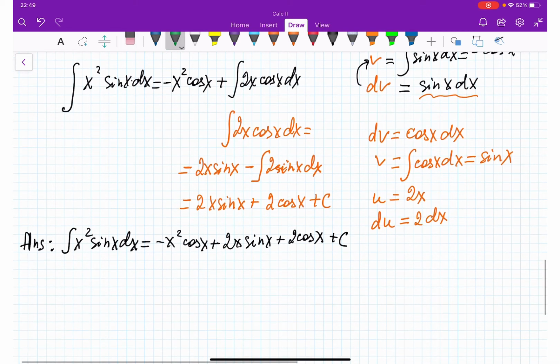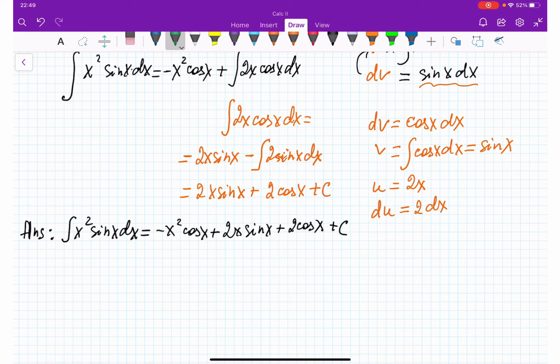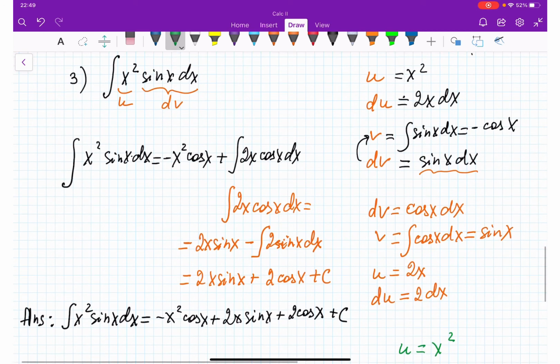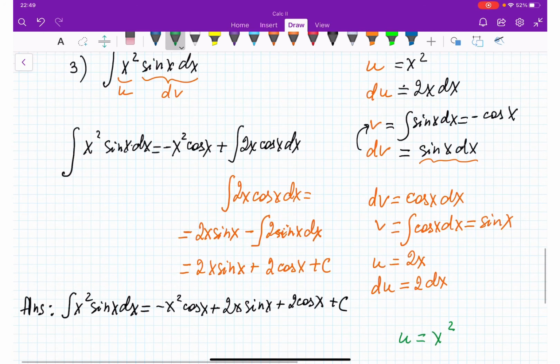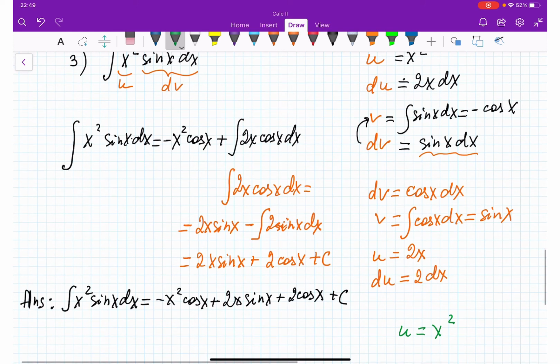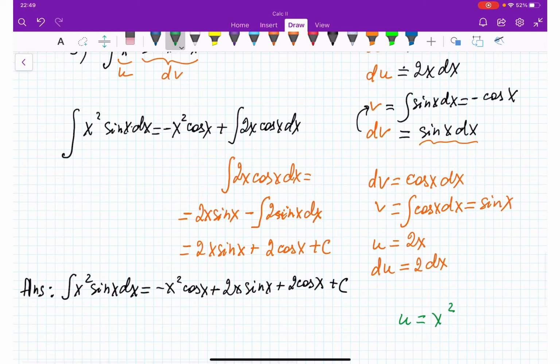I'm going to change the color so I can show you. So if I would put, let's say, I had u is equal x squared, right? Originally here. u is equal x squared and dv was equal sine x dx. Yes?